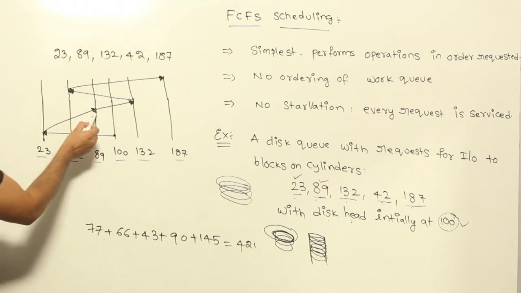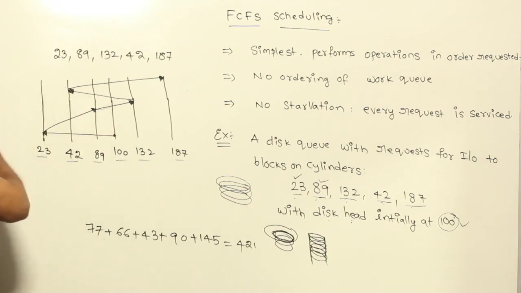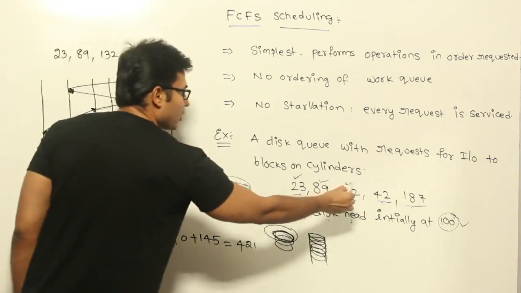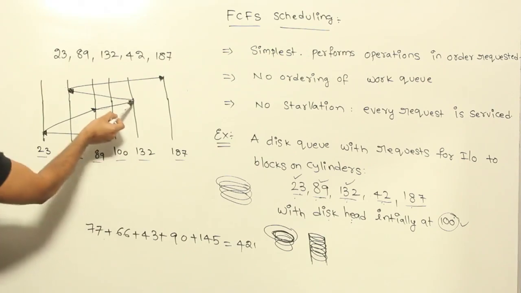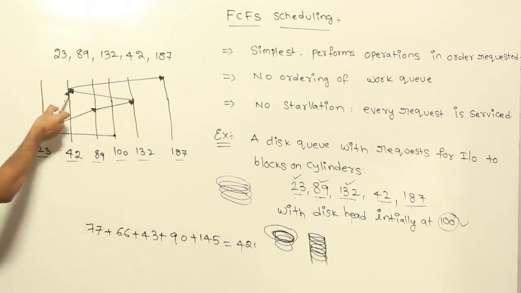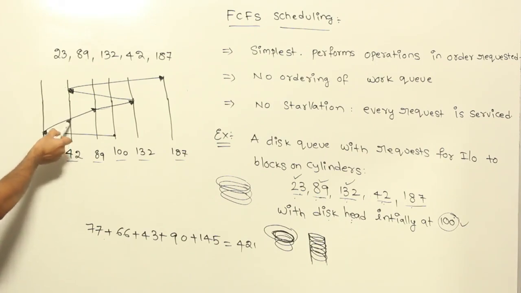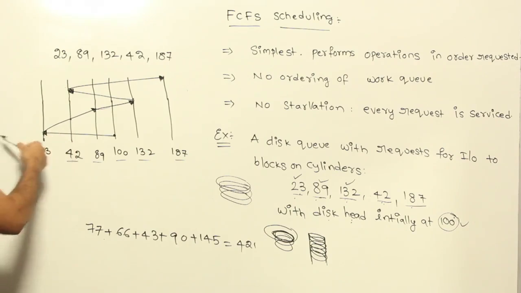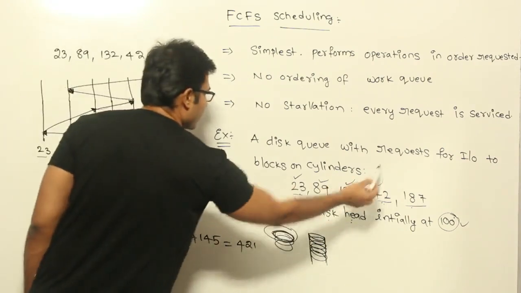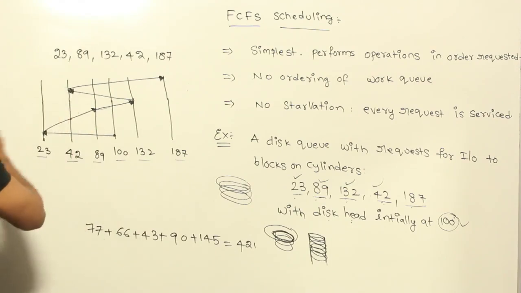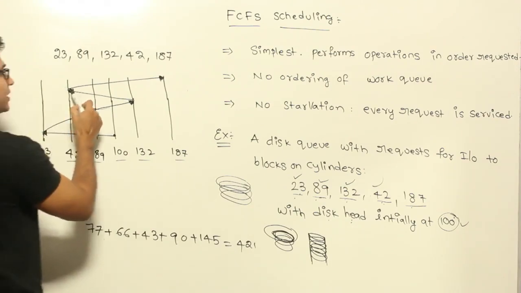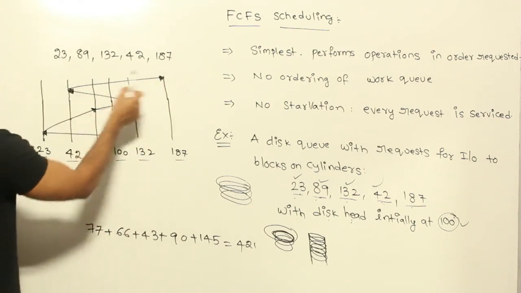After 132 I have to come back to 42. Even though 42 is on the way, I'm not going to service it first. It would have been better if I had serviced it first, but FCFS says to go in the order in which you get the requests. Therefore 42 has to be serviced now, and after 42, 187 has to be serviced. That is why I'm going from here to here.